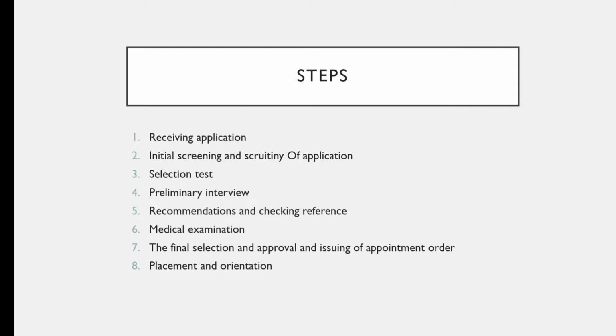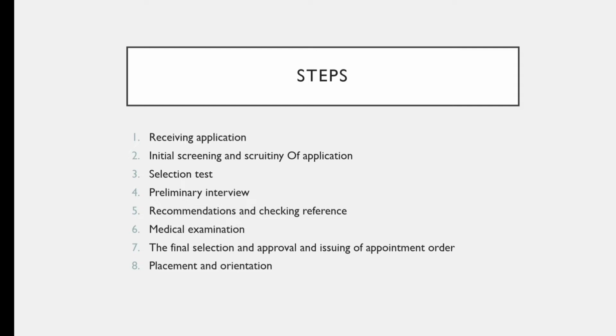Then the selection test. Usually the selection may be by qualification and experience, so they are directly appearing for the interview. The second method is the merit system. That's also a direct recruitment. They appear for a written test, followed by the interview or viva, and the merit is determined by their performance.